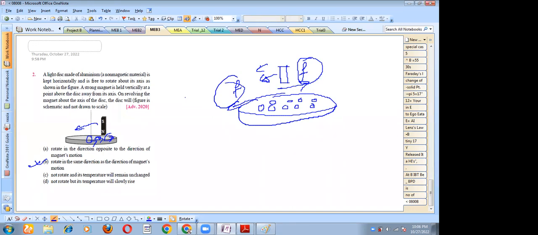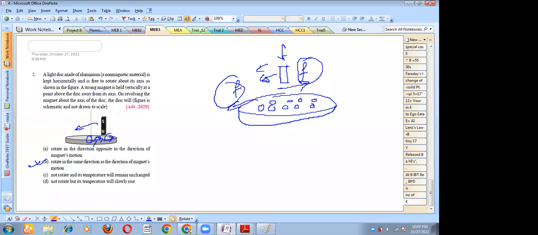You understood why a damping force will act, due to the eddy currents produced on the surface? Yes, sir. Due to this eddy current, a damping force will act on the magnet. If we call the damping force a frictional force, it acts on the magnet in the opposite direction of its motion.